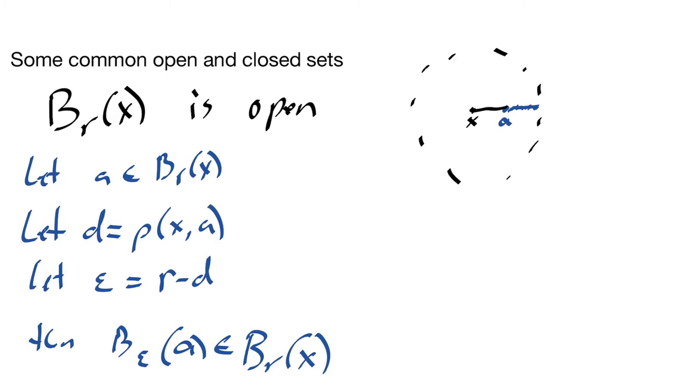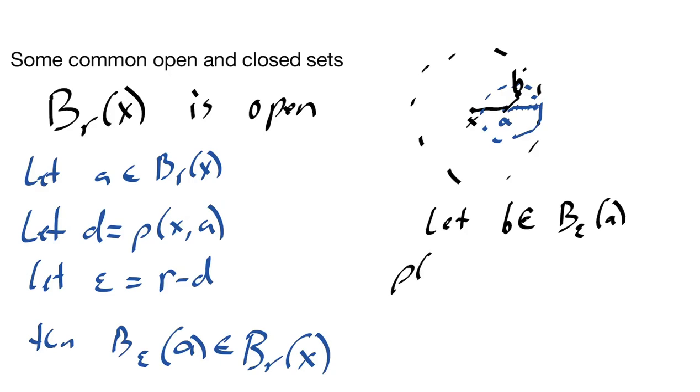How do we prove this? Well, you pick some point inside of that smaller set and show that it has to be in the larger one. So let B be in that smaller ball. How do I know B is also within the larger ball?